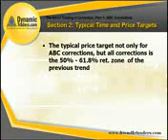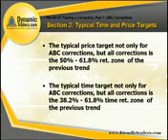I'll explain this in more detail in the following examples. The typical time target, not only for ABC corrections but all corrections, is the 38.2% to 61.8% time retracement zone of the previous trend. So let's go ahead and look at some examples.